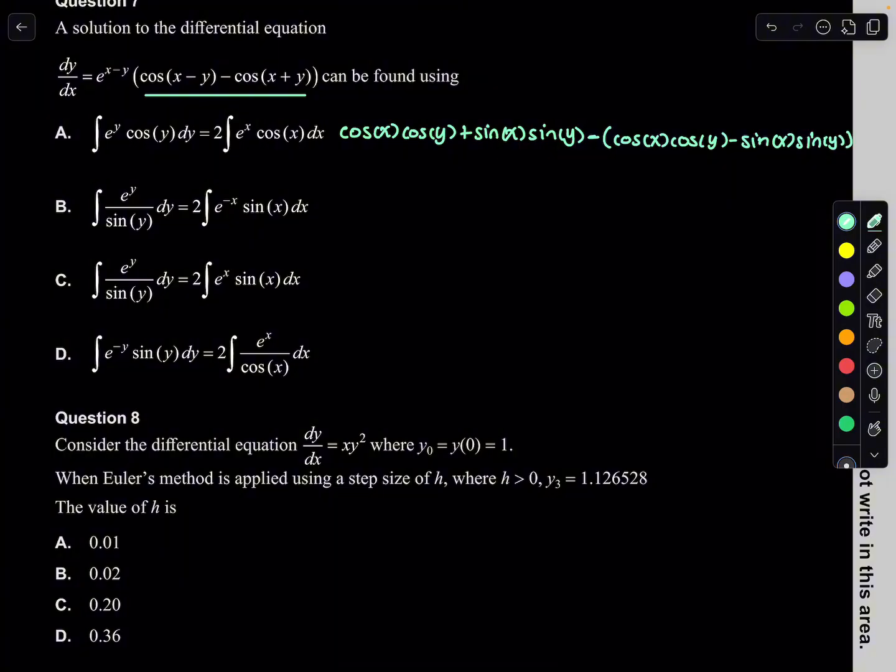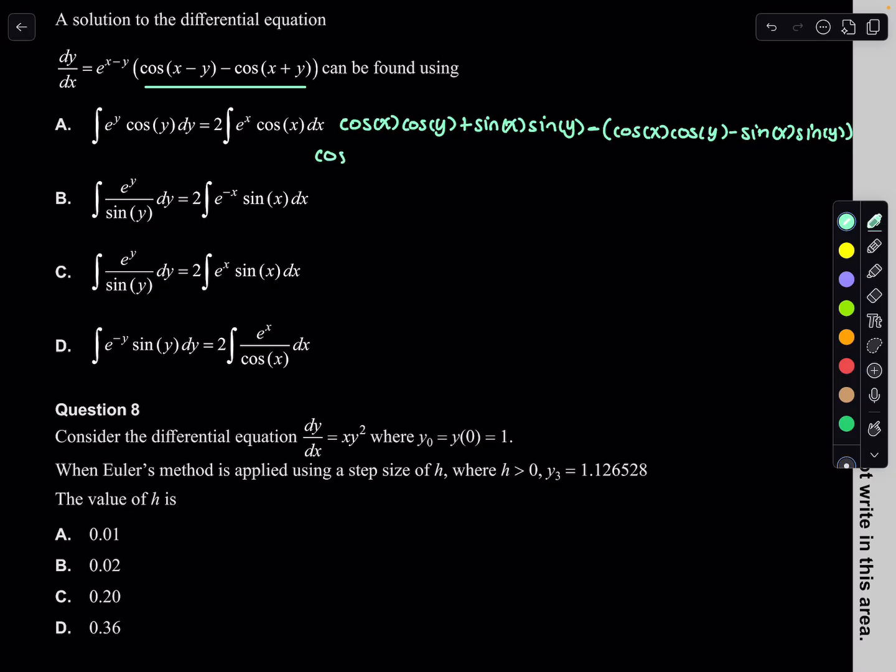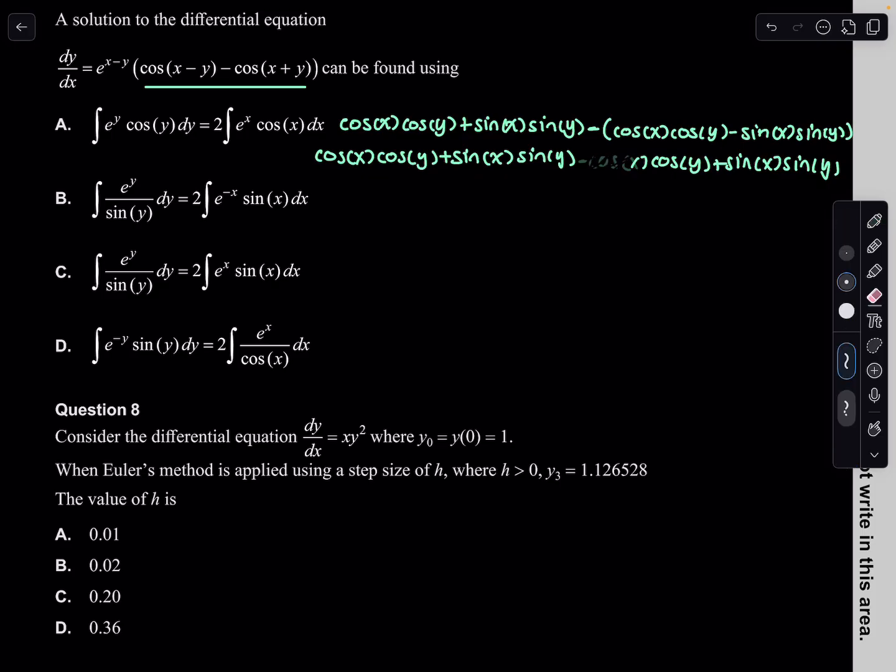And so we're going to expand it. It'll be cos x cos y plus sin x sin y, and then expand that negative, so negative cos x cos y plus sin x sin y. You can see that the cosines cancel out. So this is great. And guess what?